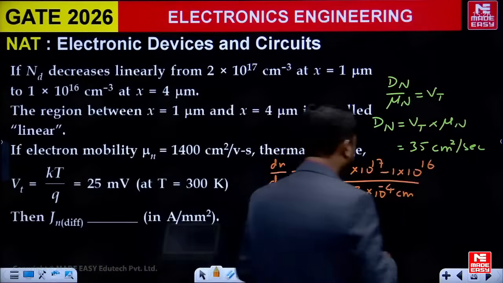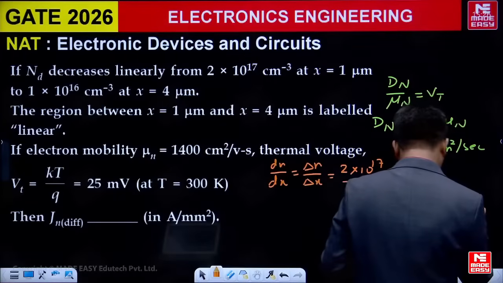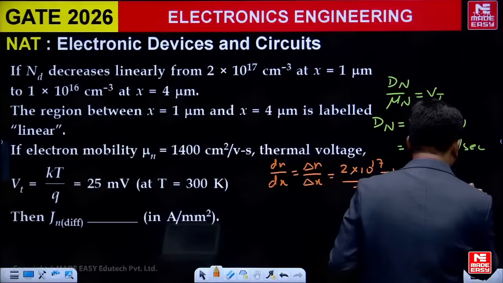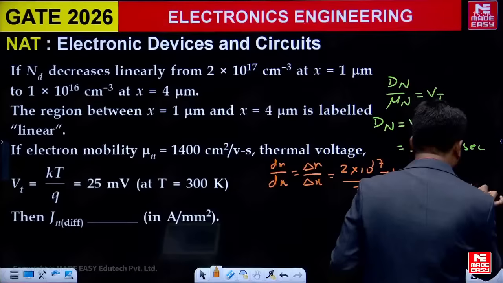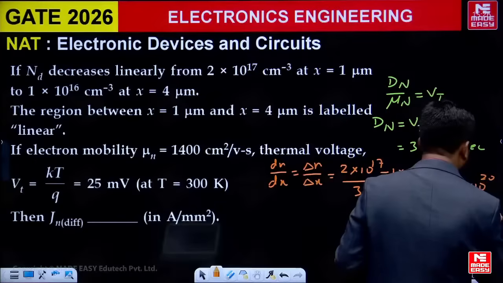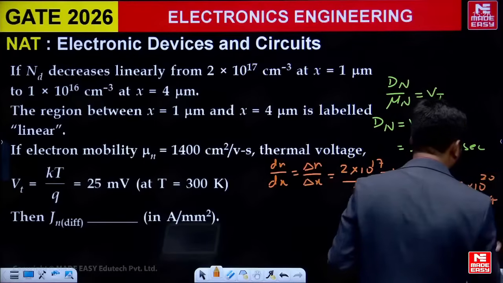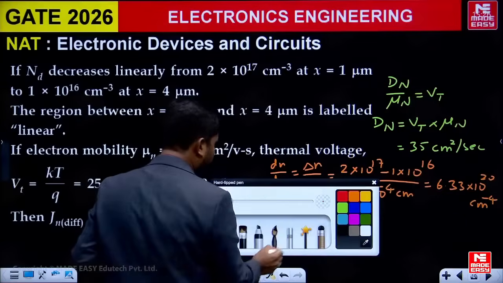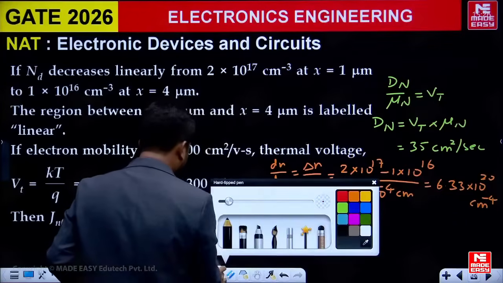So this you can calculate. It will become some 6.33 into 10 to the power 20, and this is in centimeter to the power minus 4. Concentration gradient. Next we will apply the diffusion current density formula.